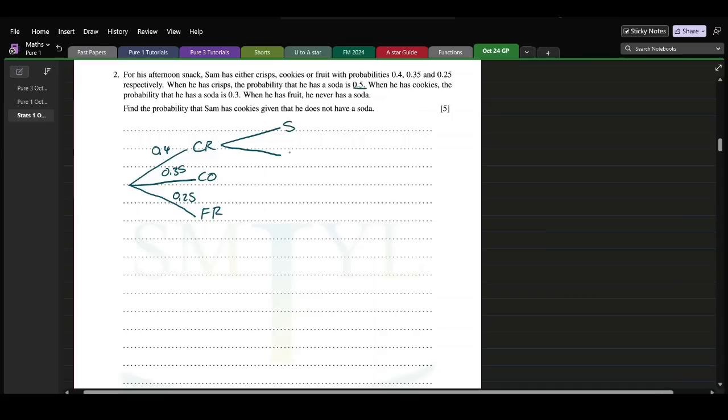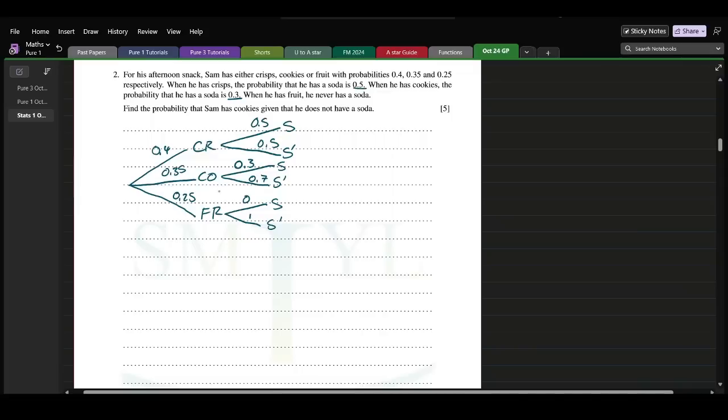So soda and not soda, that's 0.5, 0.5. And then when he has cookies, we've got soda and not soda, the probability of him having a soda is 0.3. So not having is 0.7. Then for fruits, they're saying he never has a soda, so that's 0, and this is 1.